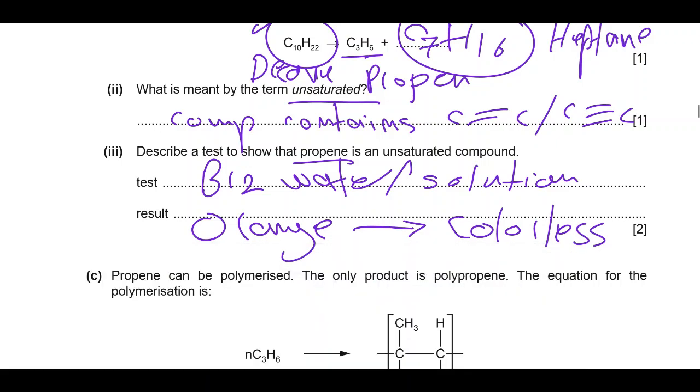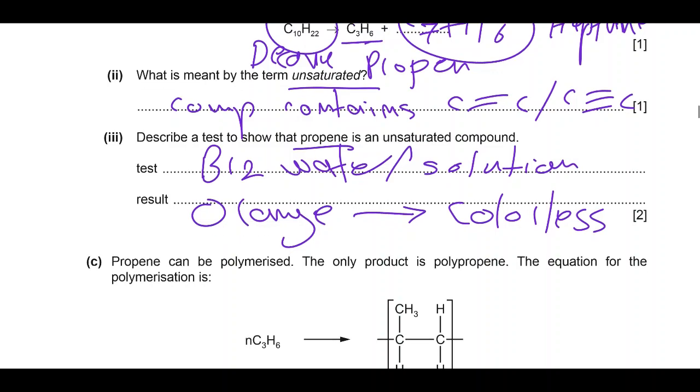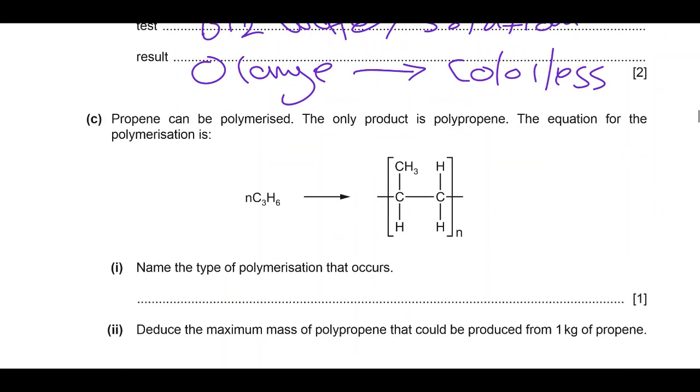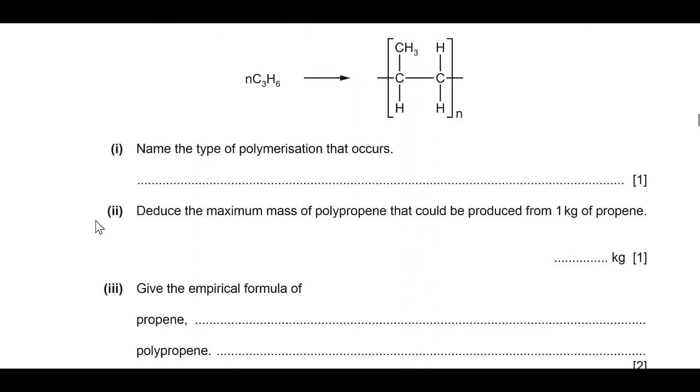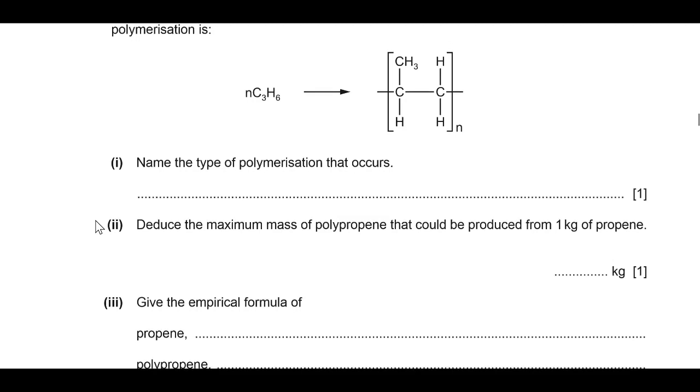In this question, here we have propene can be polymerized, the only product is polypropene. The equation for the polymerization is shown here. Name the polymerization that occurs.